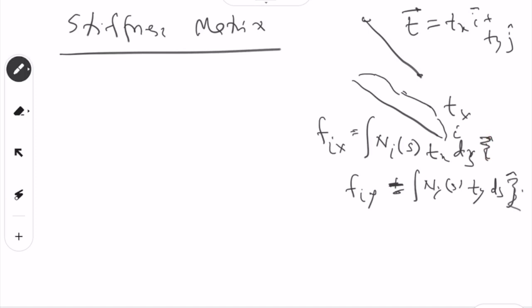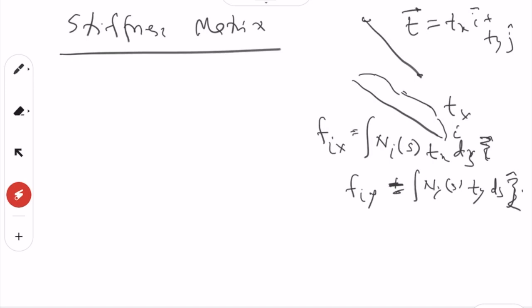If this is given in terms of a vector, you have two components. You take the x component and integrate the way you did in heat transfer, and whatever you get gives the x component, f i x.